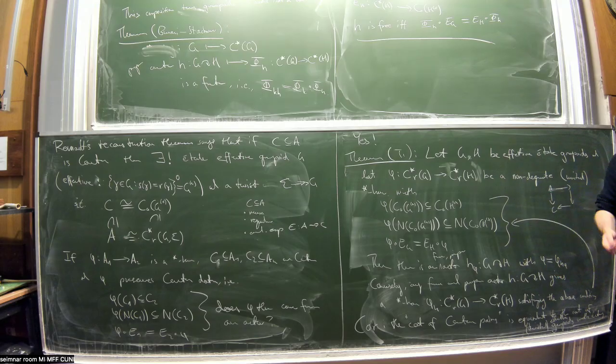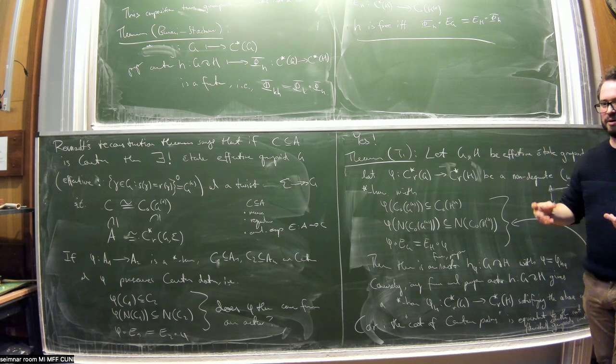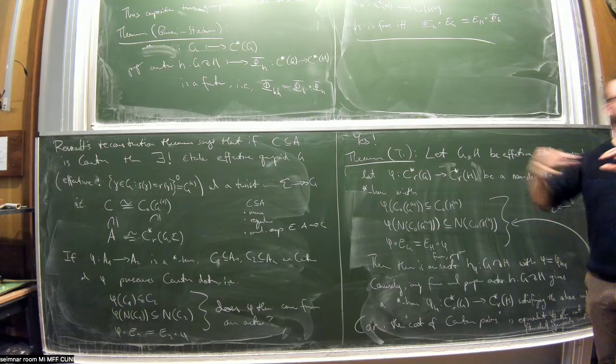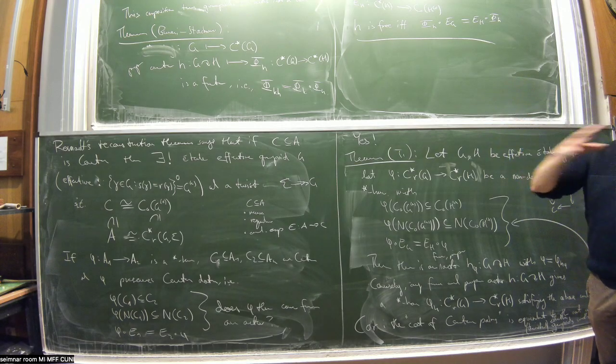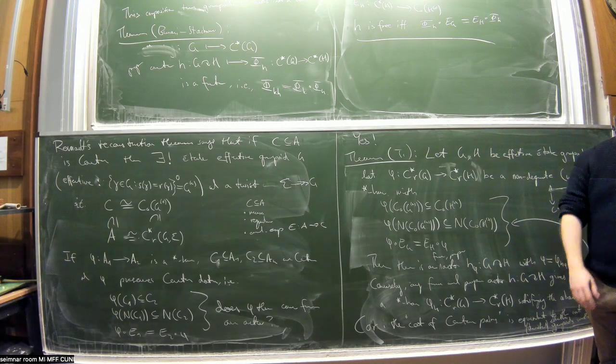An actor between groups just boils down to being a group homomorphism, and freeness boils down to injectivity of that group homomorphism. So all you get is a group embedded into another group, and this induces an embedding of the C-star algebras. This, I guess, is very few of the possible maps between the group C-star algebras.